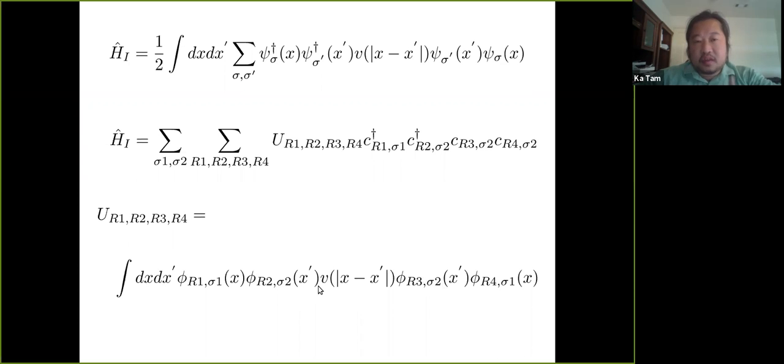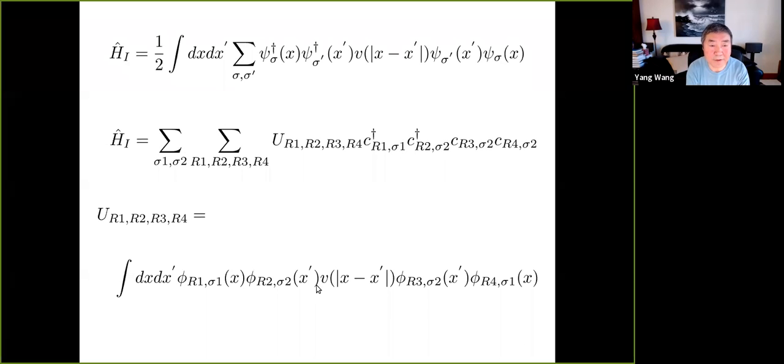So the first approximation you can do is to assume this interaction to be completely local, between the spin up and the spin down at the same location. Of course, in general, you can write down the Hamiltonian with U, which involves 4 different sites, R1, R2, R3, R4, and 4 different spins. But in practice, a lot of the time we just truncate the interaction to a very short range term, and the justification is that the matrix element decays very quickly.